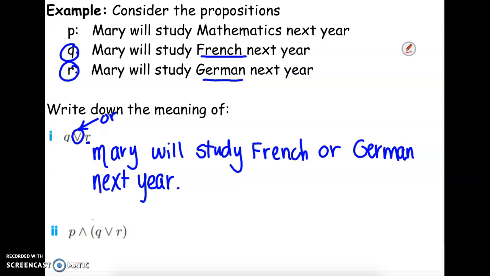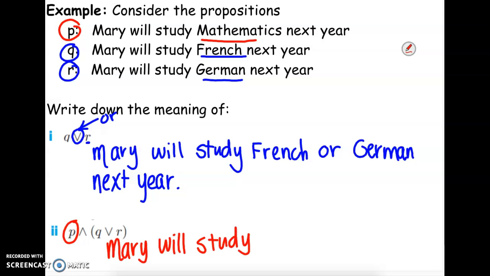Second example. First proposition P is where Mary studies mathematics. So Mary will study mathematics. And now we do our symbol.